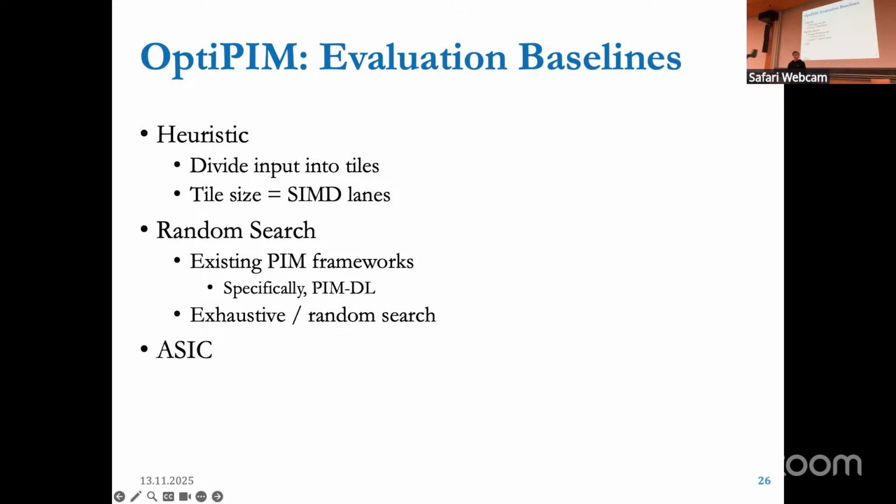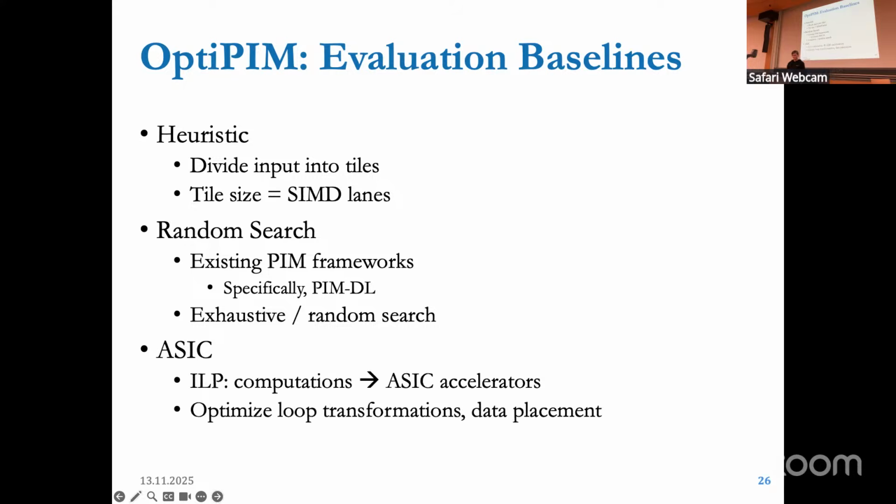I've already talked about this before. Specifically, PIMDL does this, and PIMDL is also very close to the implementation that the authors used to compare against. This uses some kind of random search, but the authors set a cutoff at 1 hour because, like I said, it can run up to hundreds of thousands of hours.